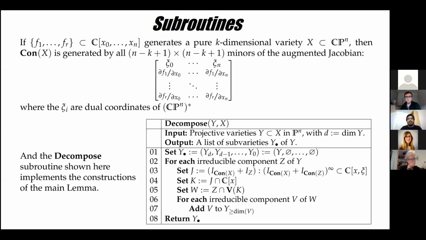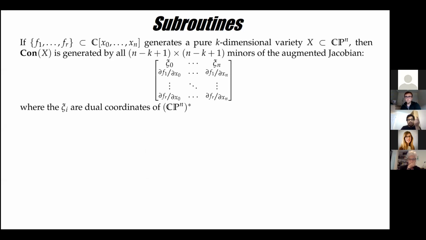So you get it by looking at the Jacobian matrix, which are derivatives of all the polynomials with respect to the n coordinate variables of the projective space. Then if you write C0 through Cn for the coordinate variables of the dual projective space, stick them right at the top row of your Jacobian and take all n minus k plus 1 by n minus k plus 1 minors, then you get the conormal space.